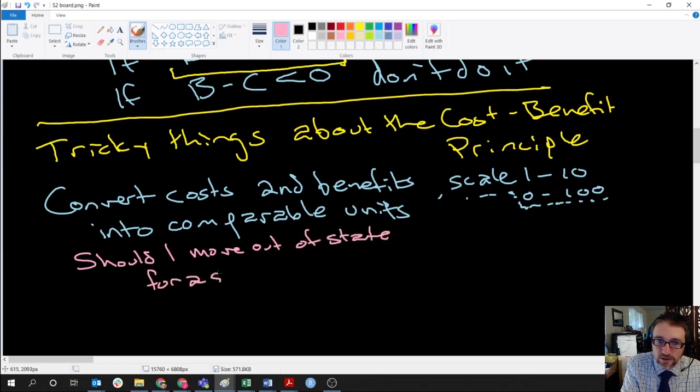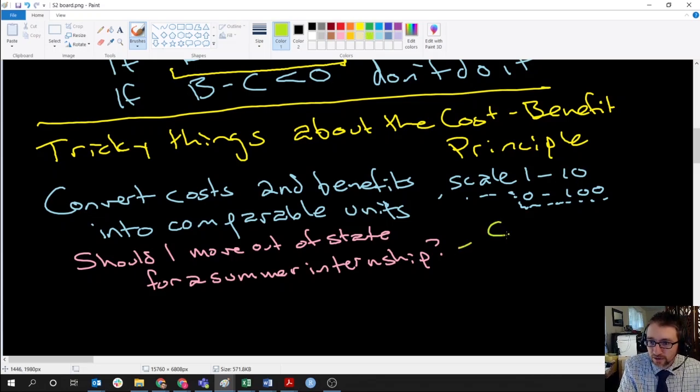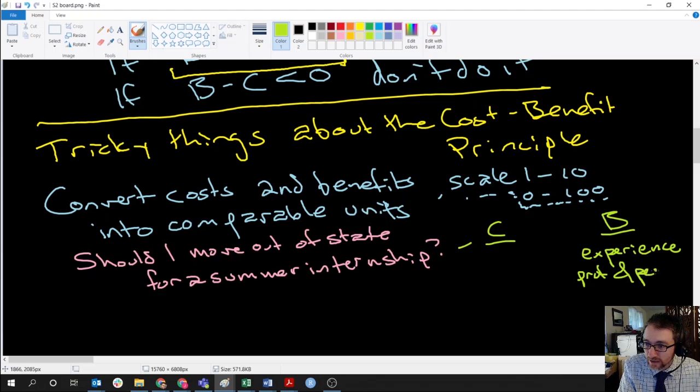For a summer internship. It's a good question to think about, right? Is this a good idea? Well, what are some of the costs and benefits? The benefits are, you might have, so these are costs, these are benefits. Benefit might be experience, and that can be both professional and personal, right? You get to see another place, get to know what it's like to be away from family and friends. But another one might be missing family and friends, right?